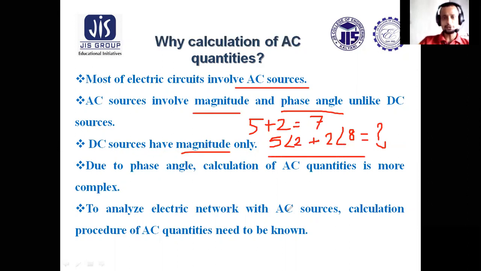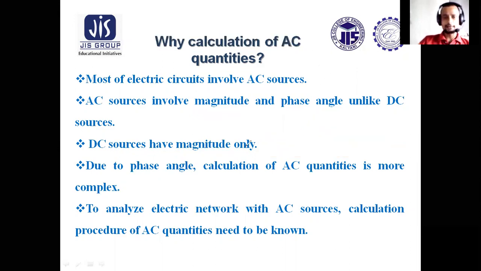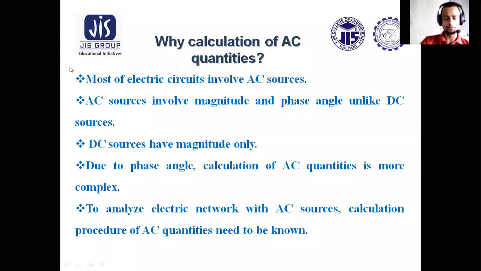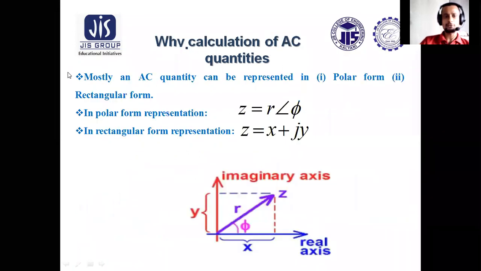Our objective is to calculate AC quantities, that means having magnitude and phase angle both. Due to having phase angle, calculation of AC quantities is more complex compared to DC quantities. To analyze electric networks with AC sources, the calculation procedure of AC quantities needs to be known. These are the reasons for which we must study calculation of AC quantities.